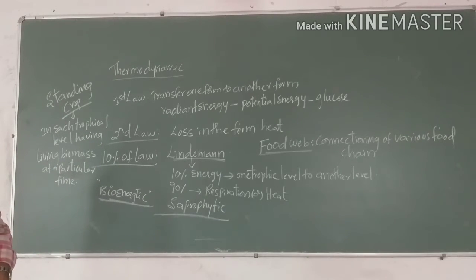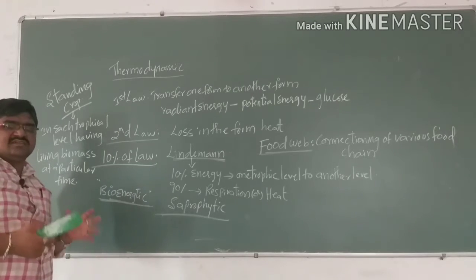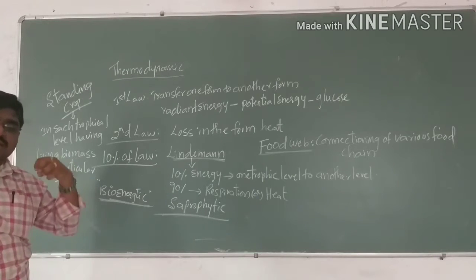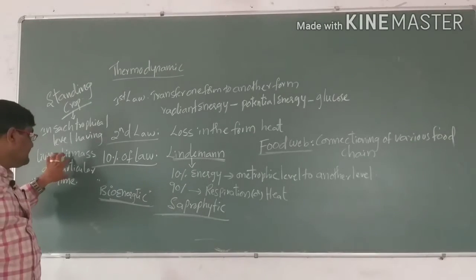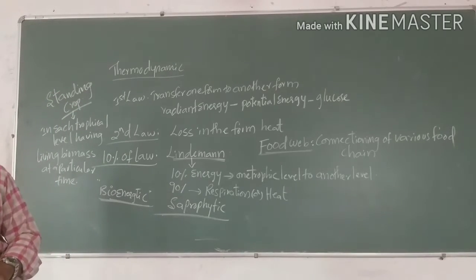So when food, that is energy, is transferring, some amount of biomass is present at a particular time, and that amount of biomass is the standing crop. The standing crop is expressed in the form of fresh weight or dry weight.